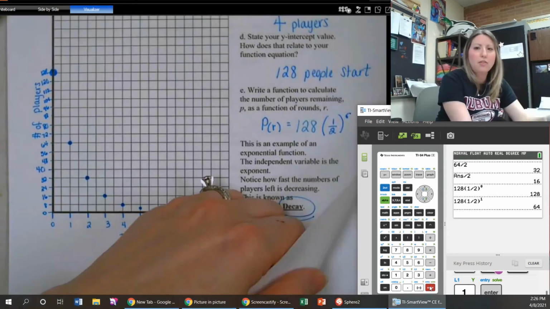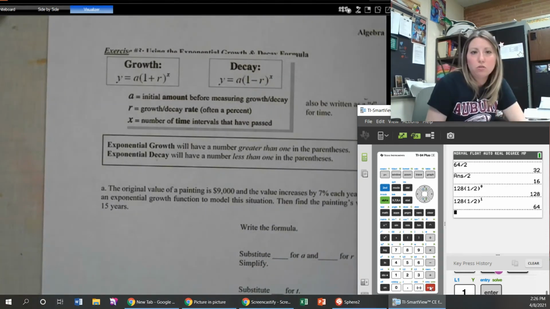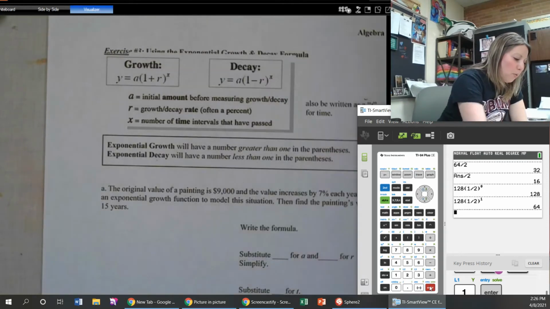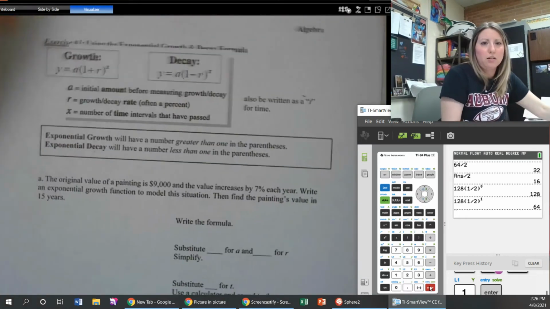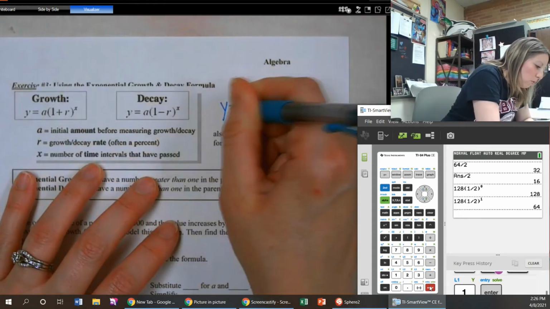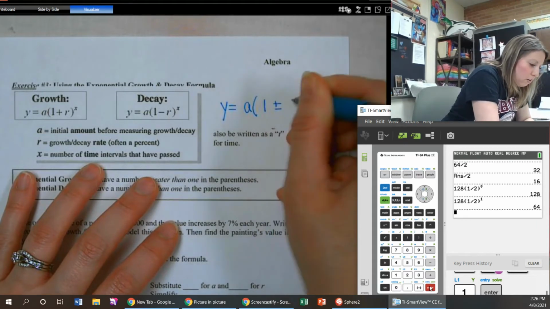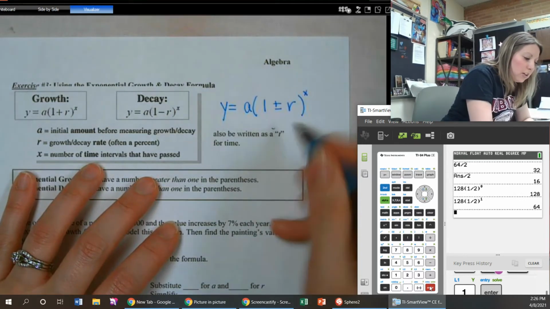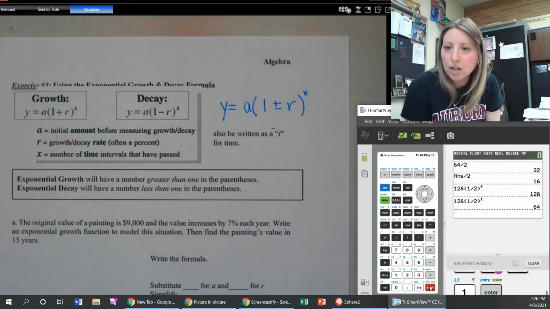So let's put this together into one kind of growth and decay equation we can use. I'm going to call it y equals a, your initial value, times 1 plus or minus r, your rate of change, raised to the x, or t, because that's the time that this thing is happening over.